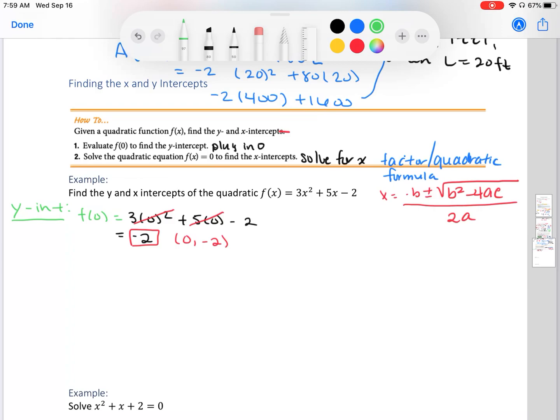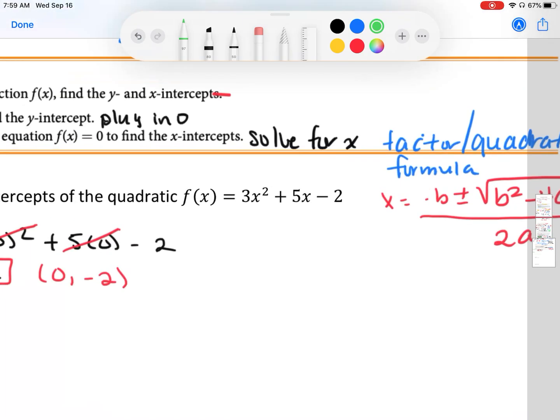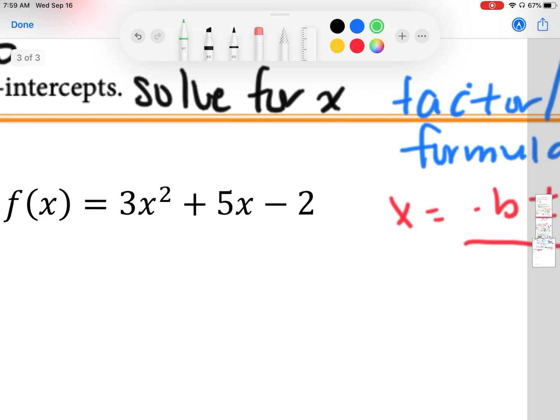Your x-intercept requires a bit more effort. So let's see if this is factorable. As we look at a polynomial as our quadratic, you have to rely on all your factoring techniques, and there's a review on this in your week 1 module. All right, so we have an a of 3 and a c of negative 2.